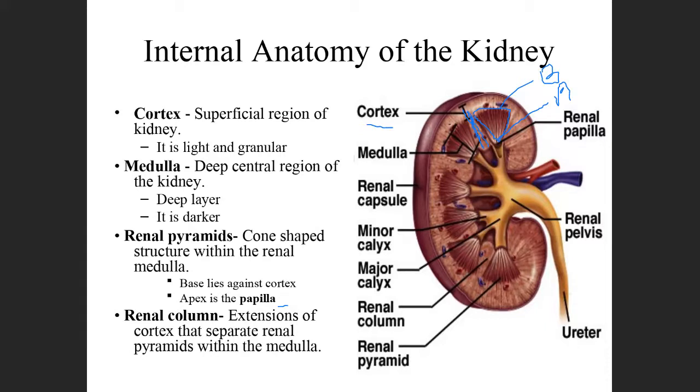See here, the extension of the cortex separates the two renal pyramids. The structure which is present between two renal pyramids is called the renal column.